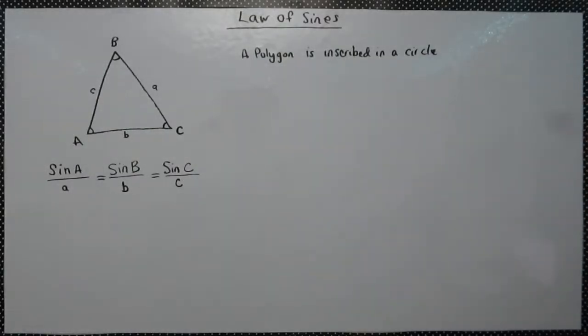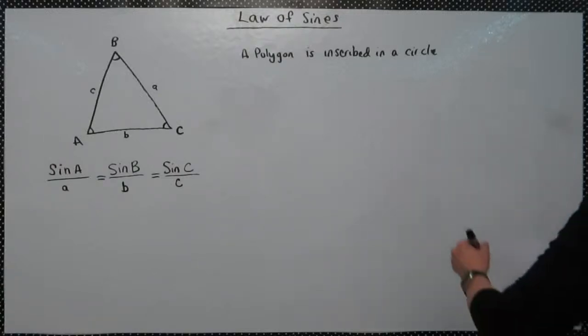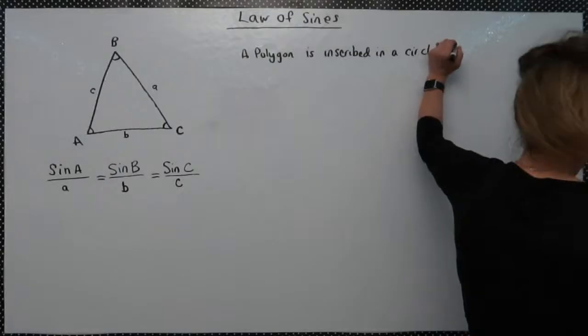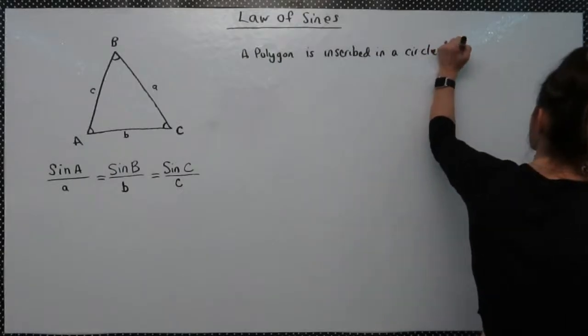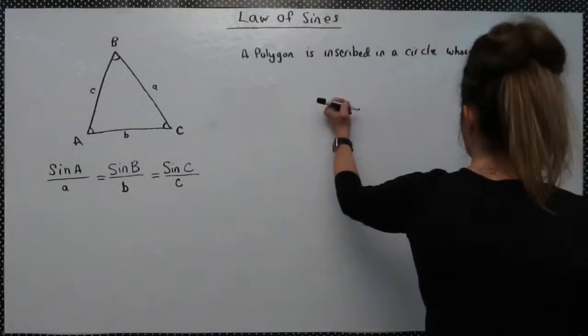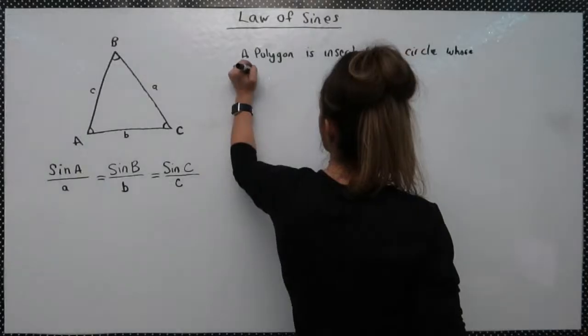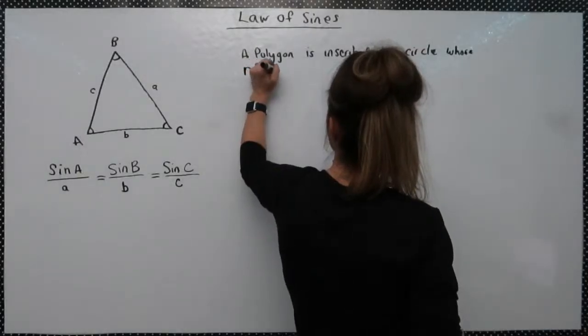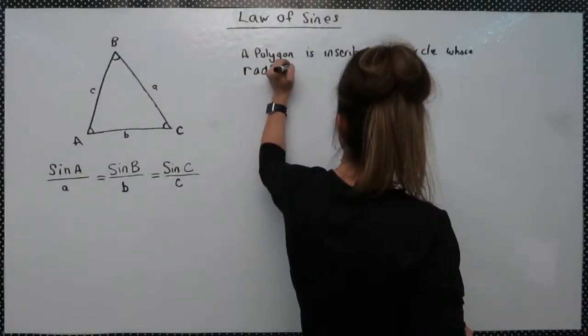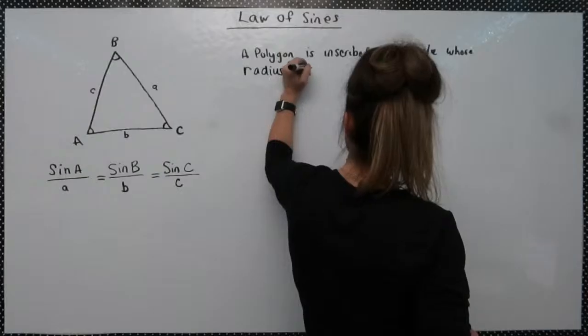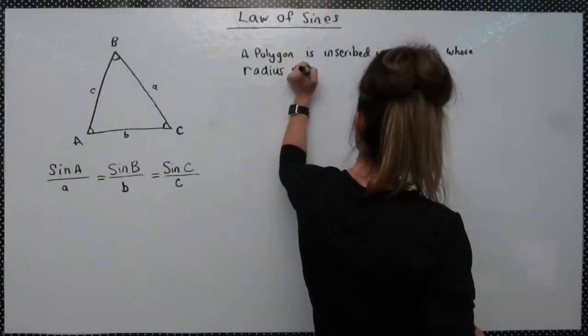But in this one, the polygon is inside the circle, whose radius is 6 inches. So it looks like we have a circle with a radius of 6 inches.